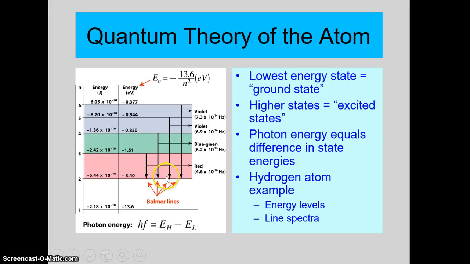Notice for the Balmer series, all these are jumping from a state higher than n equals 2. So n equals 3 to n equals 2 is the red line, n equals 4 to n equals 2 is the aqua line, then the first violet one, or deep blue, is n equals 5 to n equals 2, and then there's n equals 6 to n equals 2.